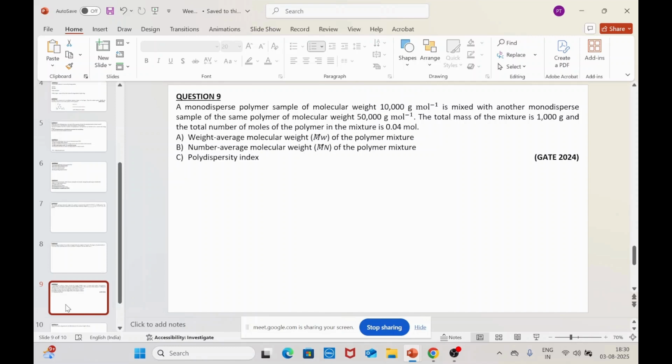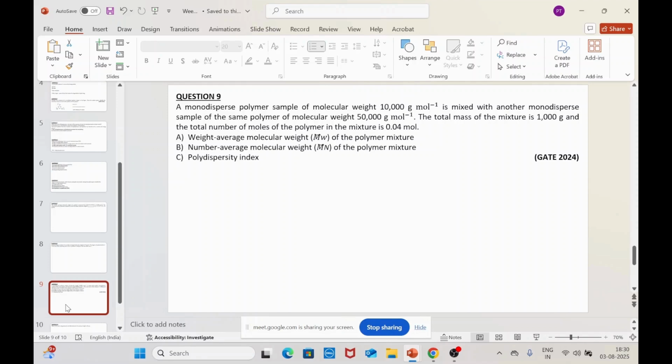I'll read out the question. A monodisperse polymer sample, so here dispersity is 1, of molecular weight 10,000 gram per mole is mixed with another monodispersed sample of the same polymer of molecular weight 50,000 gram per mole.